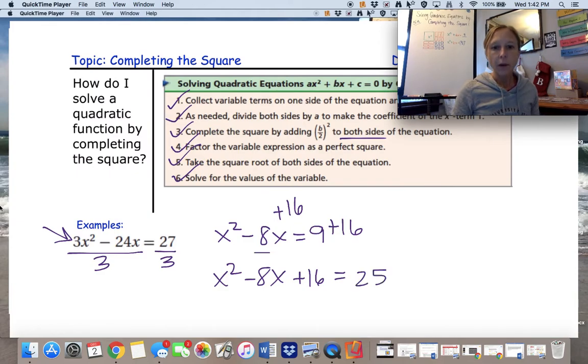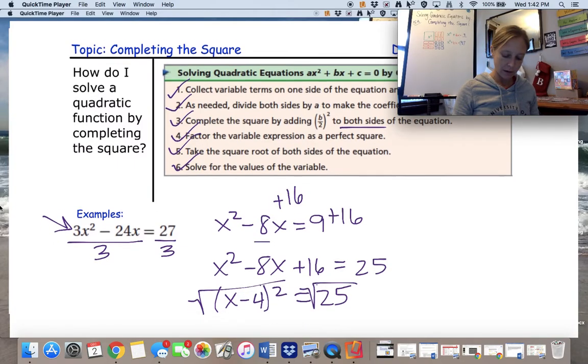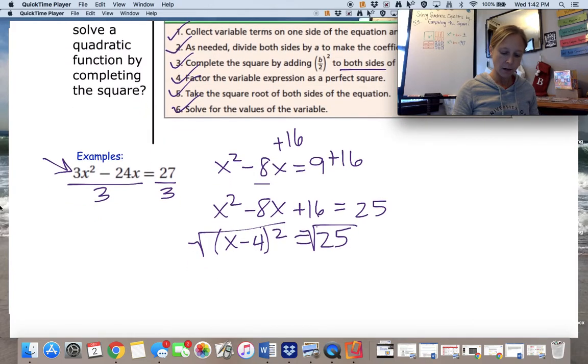Next step, we're on number 4. Factor it. What multiplies to 16 and adds to -8? -4 and -4. Now it says to take the square root of both sides. Yep, because I have a perfect square on the left, and lucky me, I've got a perfect square on the right. Now we know that that's not necessary to solve, but we know it's a lot easier. So now I'm left with x minus 4 equals plus or minus 5.